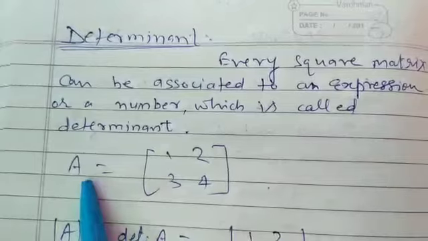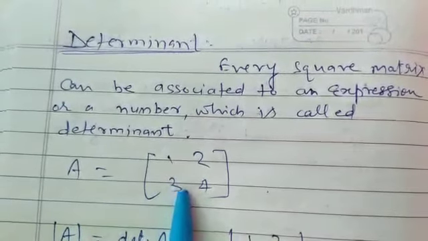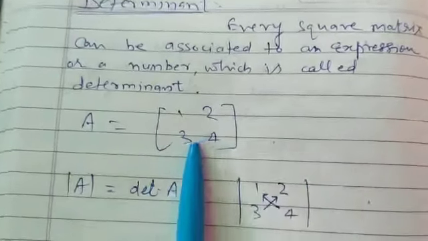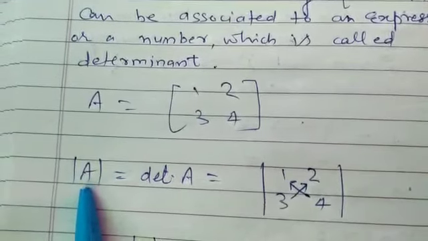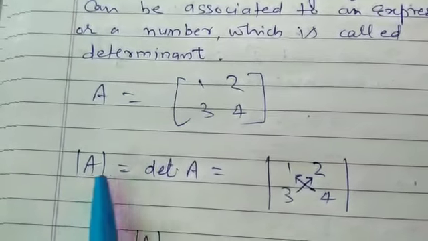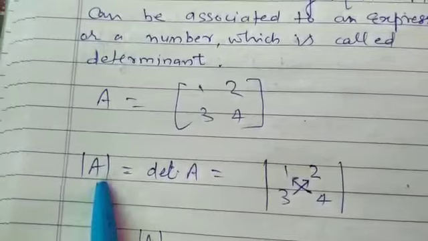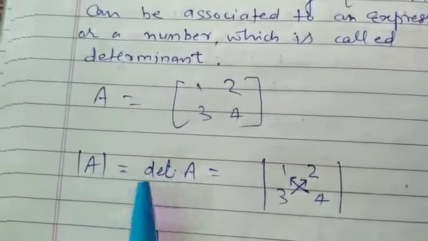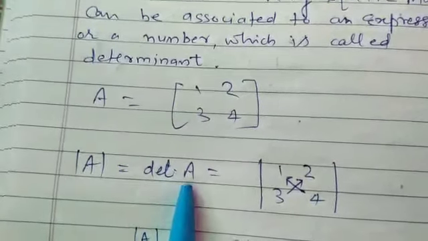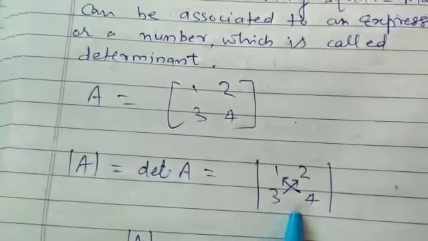So take an example. I am taking a 2 by 2 matrix, and determinant is represented by this sign. It looks like a modulus, but don't say it is a mod. Read it as determinant A. So here is the symbol of determinant.